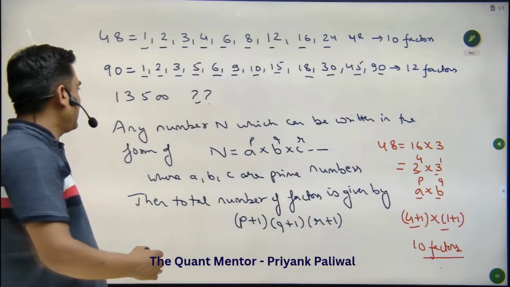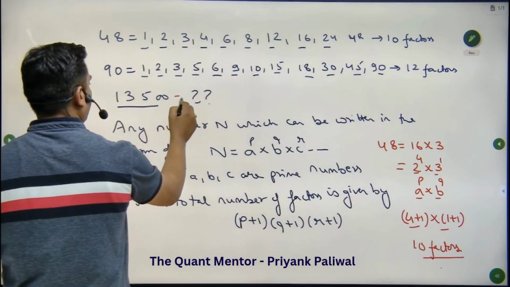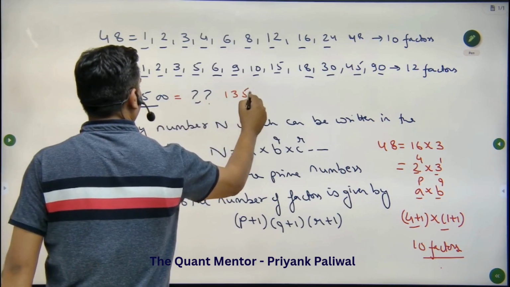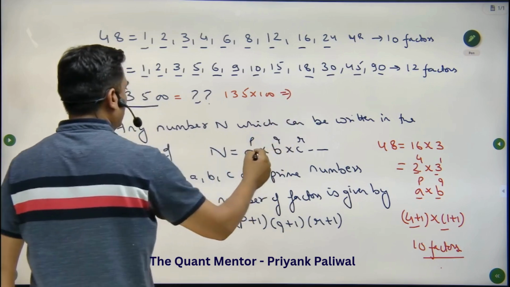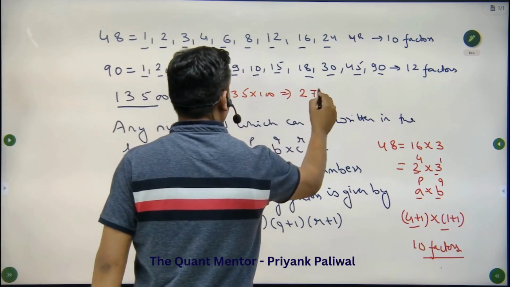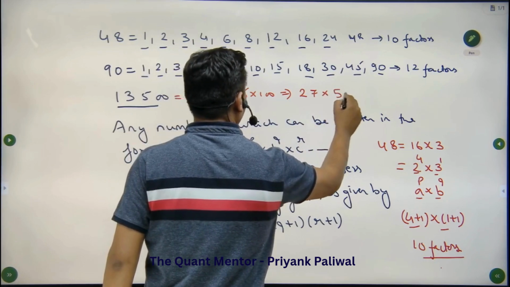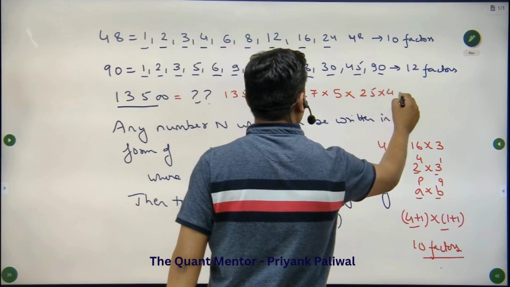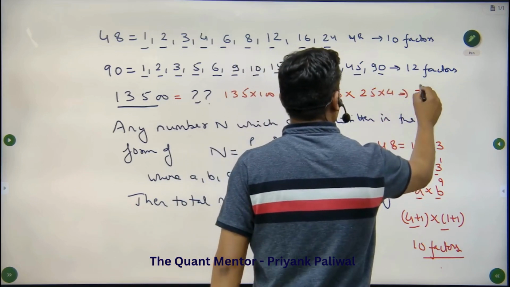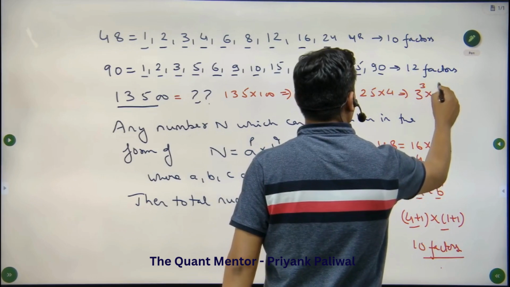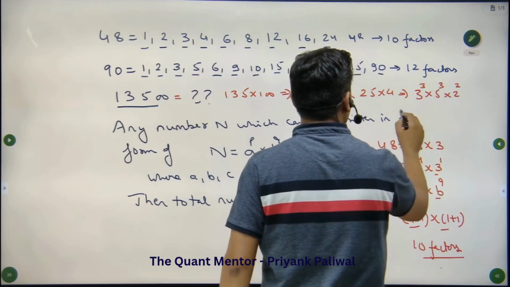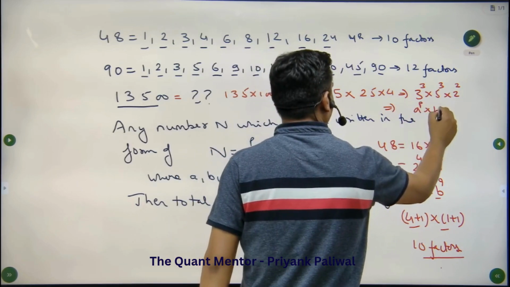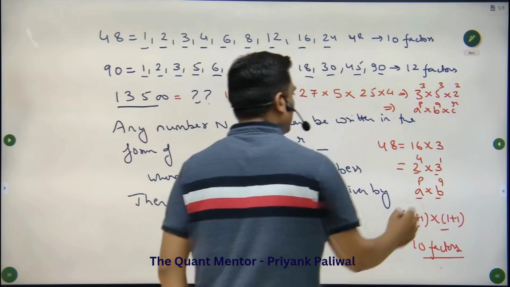Now let us check how many factors 13500 has. 13500 can be written as 135 into 100, which can again be written as 27 into 5. 100 can be written as 25 into 4. So this becomes 3 cube into 5 cube into 2 square. Now compare with a to the power p into b to the power q into c to the power r.